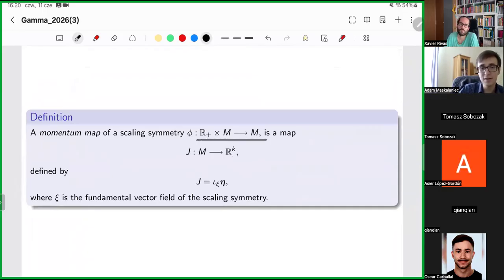Of course. So in fact, those scaling symmetries are already some kind of grading on our manifolds. So at first, I would like to investigate my reduction procedure from this graded point of view. So this is the first one.